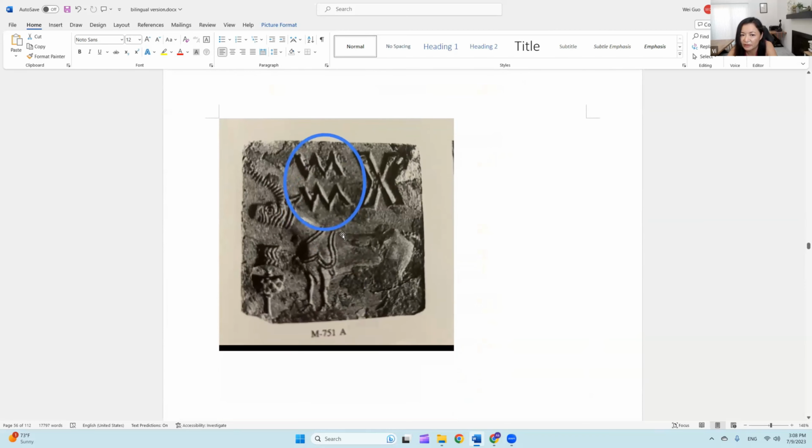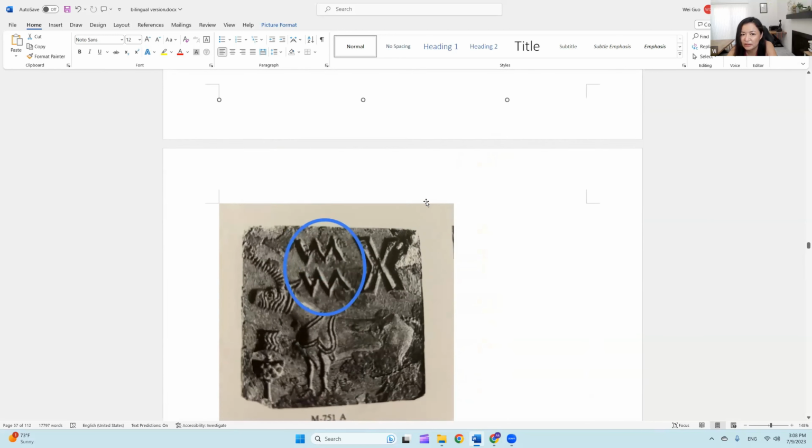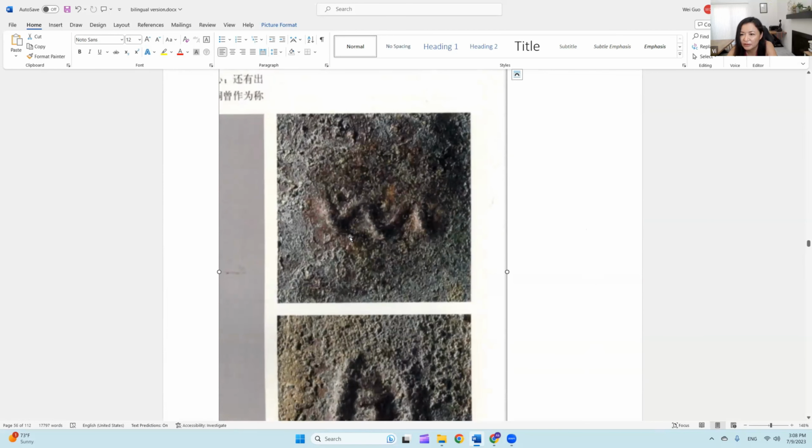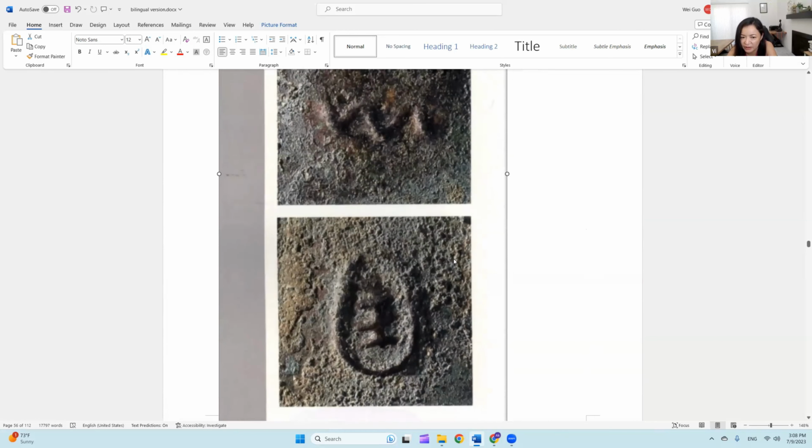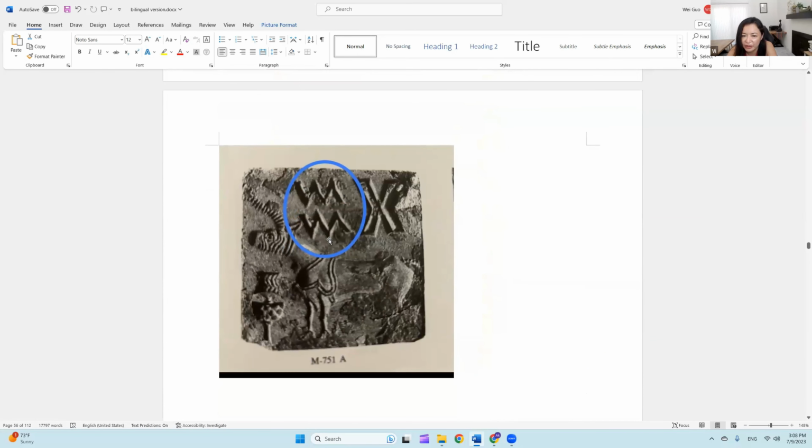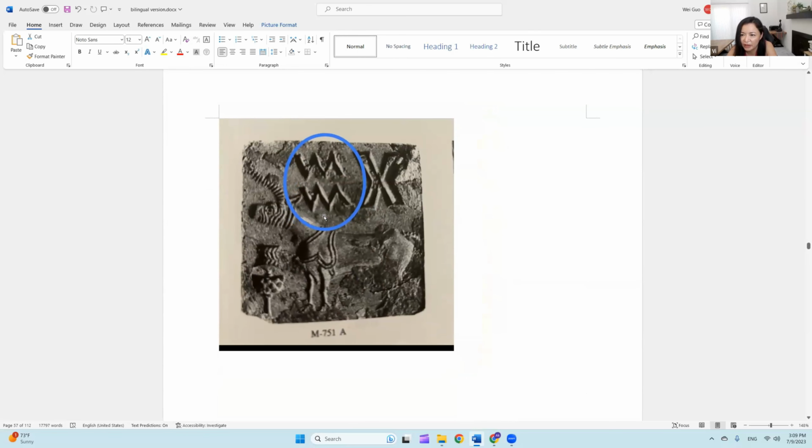But look here. This is the Indus sign, exactly a capital M with this. So this sign is cast on unearthed Chinese bronze artifacts. How could it also be a sign on an Indus seal?